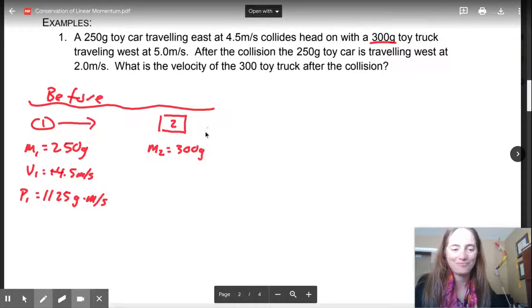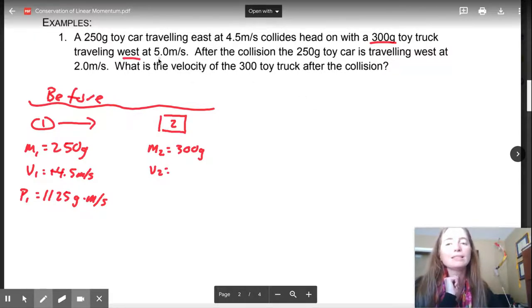All right. So V2, this is where we're going to need to be thinking more about our direction as well. West, 5 meters per second. West is standard to be negative, so negative 5 meters per second. Well, P2, M times V is your momentum.